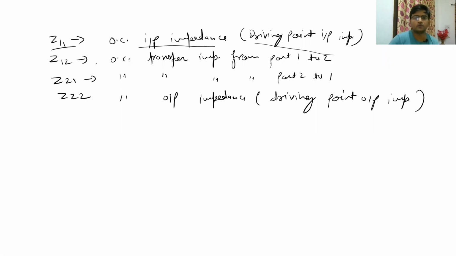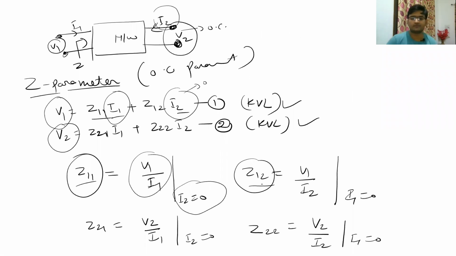Similarly, Z12 is called open circuit transfer impedance. Why transfer? Because this impedance is being transferred from one port to another port. From this definition, you can see in Z12 we have voltage as V1 but current as I2. So it is the ratio of input voltage to the output current.